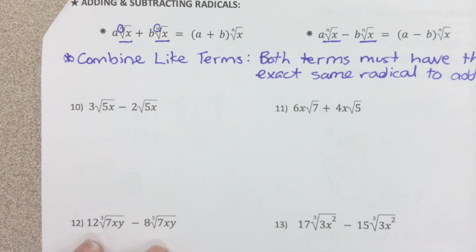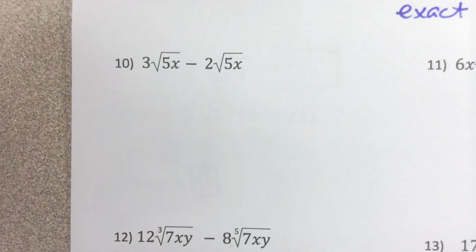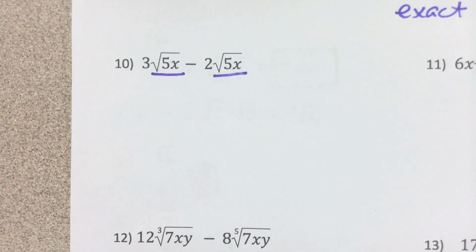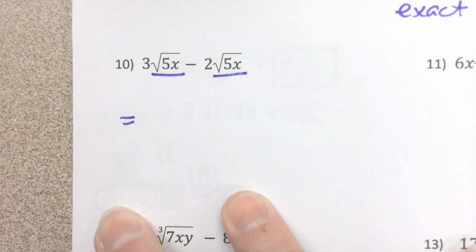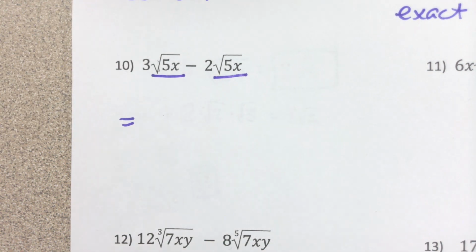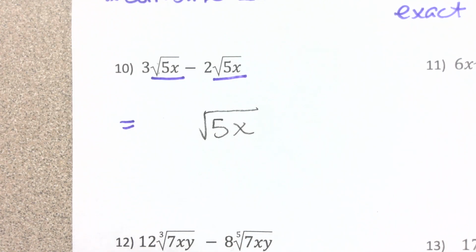Number 10. 3 times the square root of 5x minus 2 times the square root of 5x. They have the exact same radical. We can do this subtraction. Now, before we are tempted to do any math with the 5x's, I'm going to bring that radical down into my answer. Do not actually subtract the 5x's.